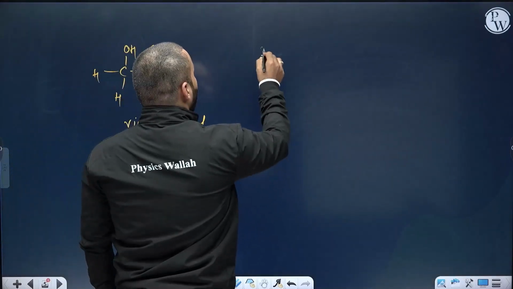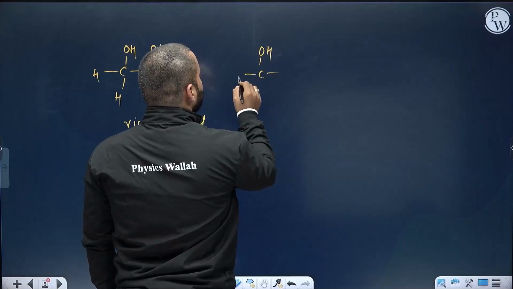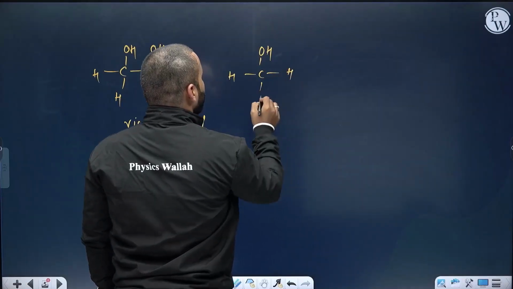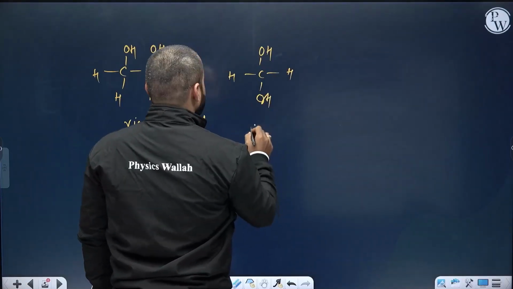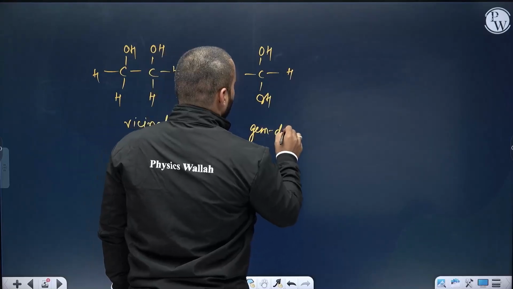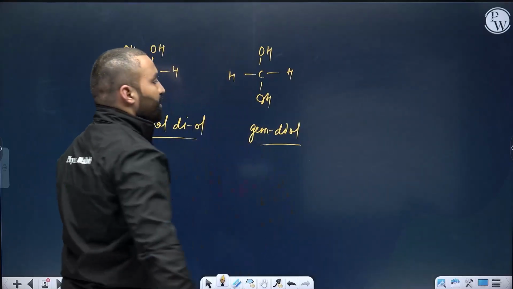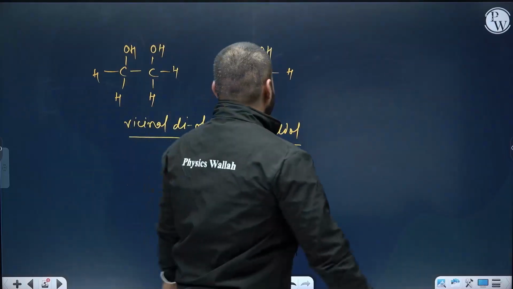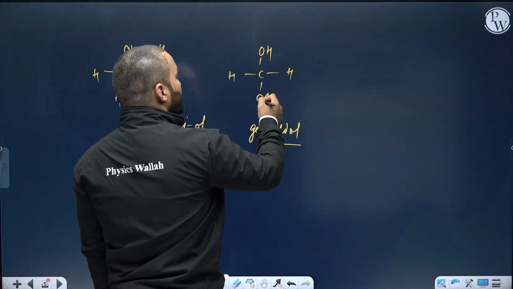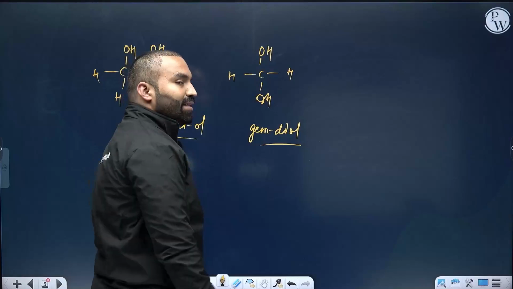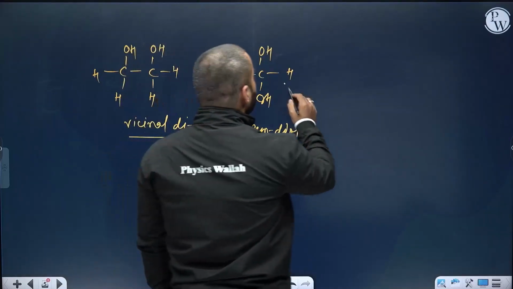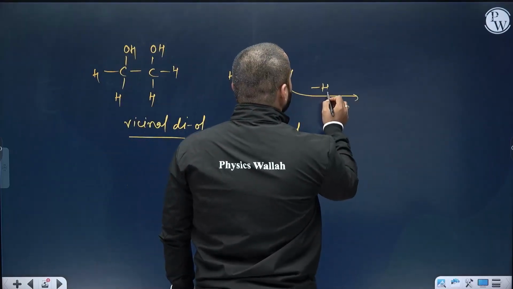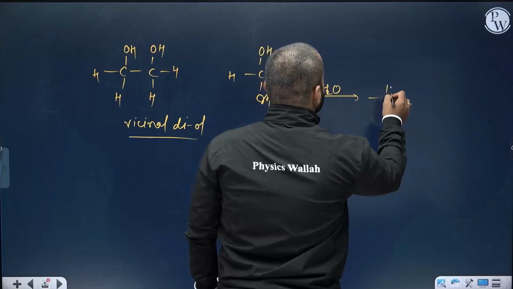If both these OH are present on the same carbon atom, then this will be known as gem diol. Generally, carbon cannot hold two electronegative elements on it. For example, here both of them are OH. Oxygen is a more electronegative element than carbon. This will immediately undergo dehydration and generate C double bond O.